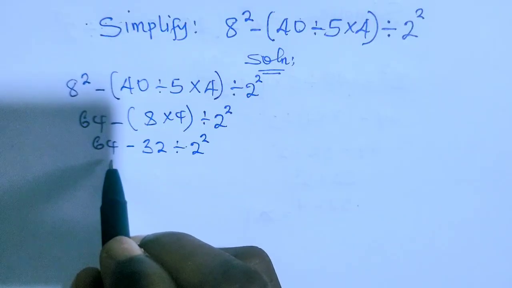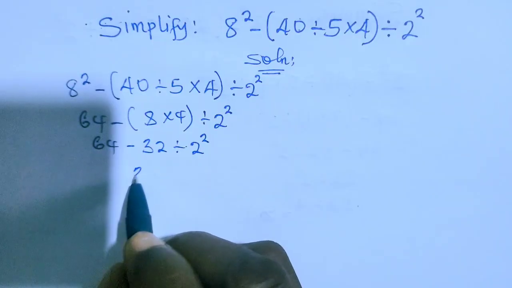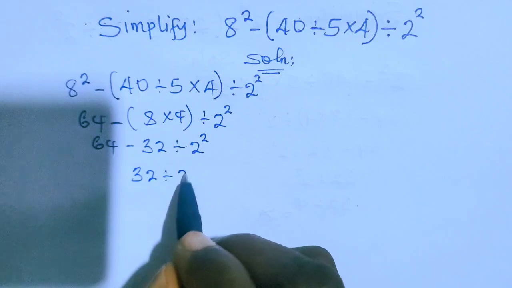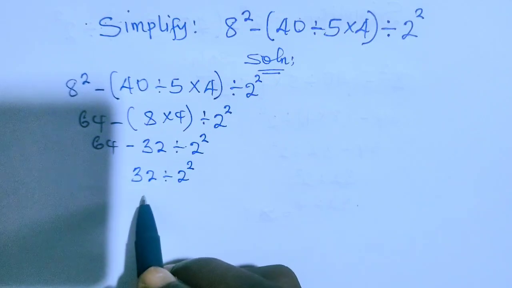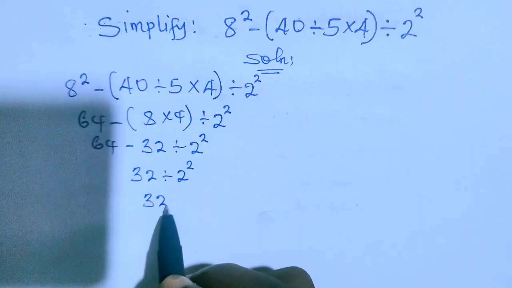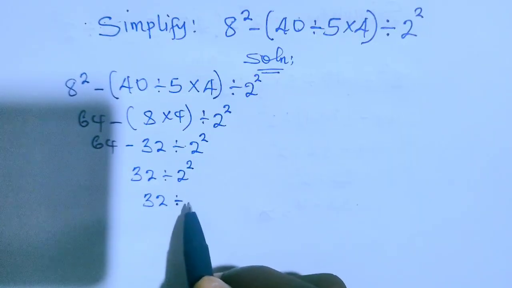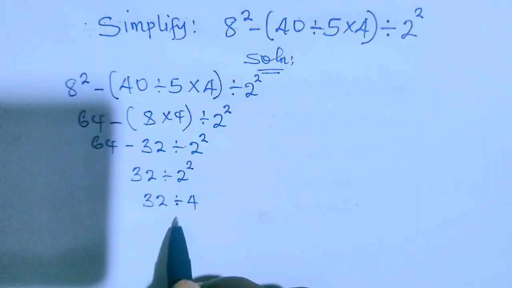Then here they have 64 minus 32, that will give 32, divided by 2 to the power of 2. Then again we have 2 to the power of 2, that will give 4. Then 32 divided by 4, that will give 8.